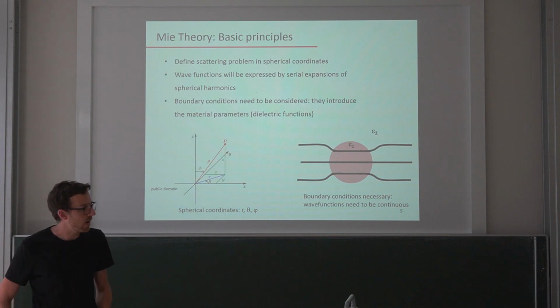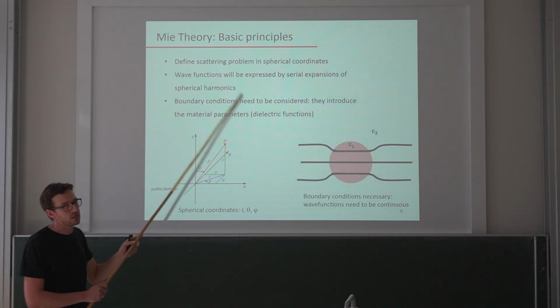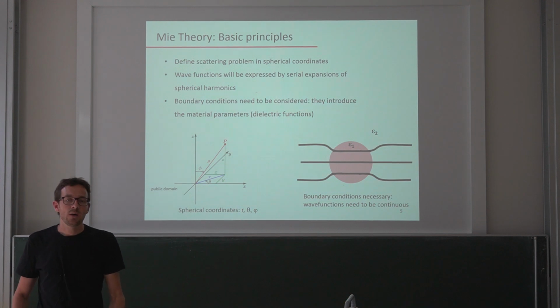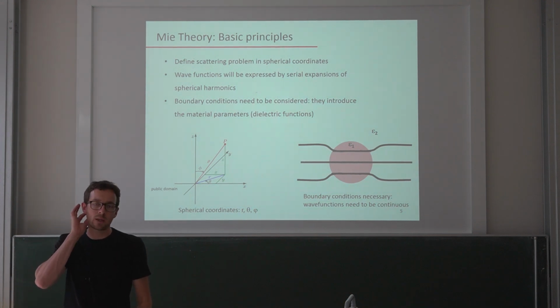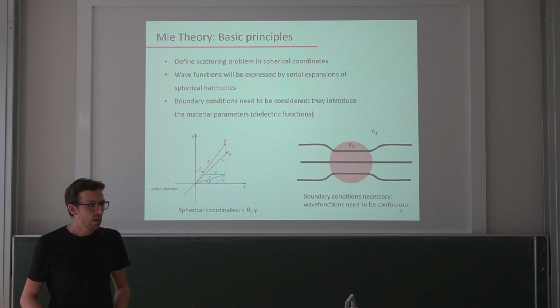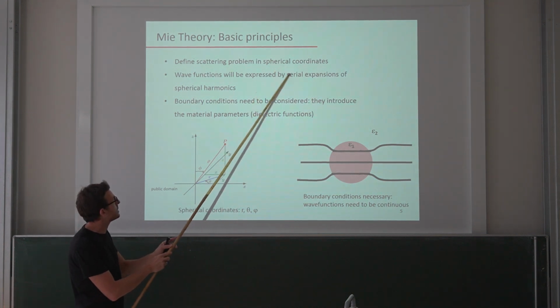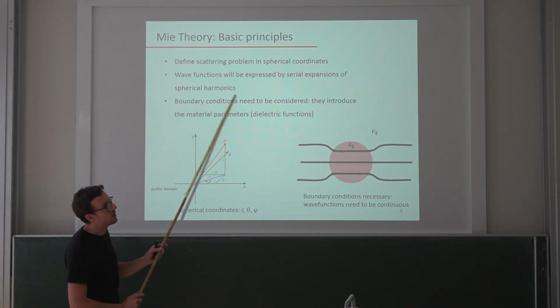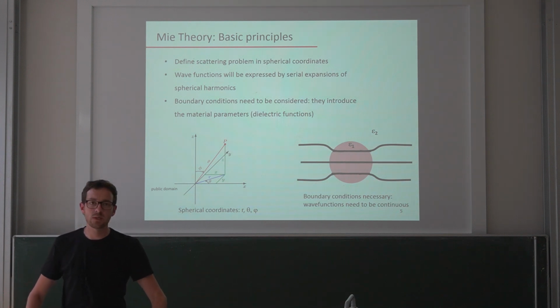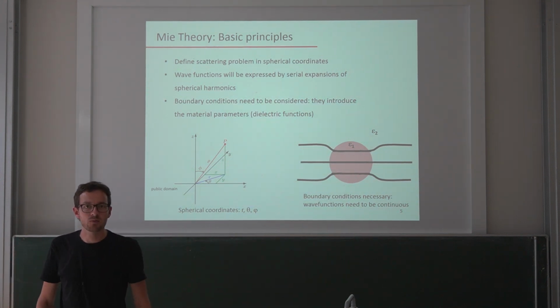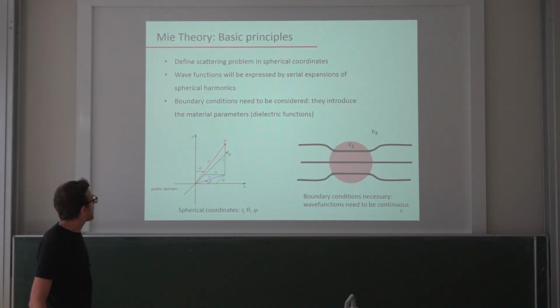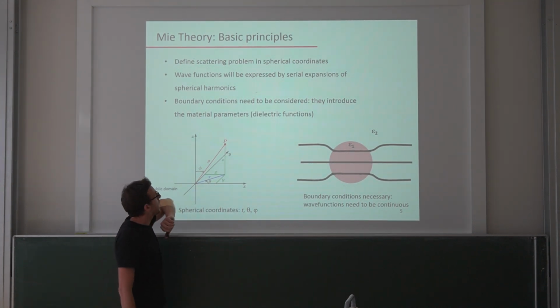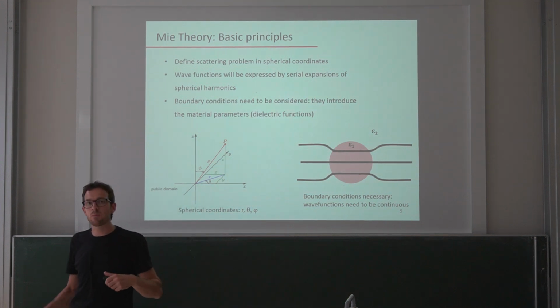And then the wave functions here are not expressed by a cosine or a sine term or a complex exponential function as we have done it to this point, but by a serial expansion of spherical harmonics. So it's simply a different way of describing this wave that comes into the material and out of the material. And then you need to tuck in boundary conditions, and these boundary conditions introduce the material parameters.